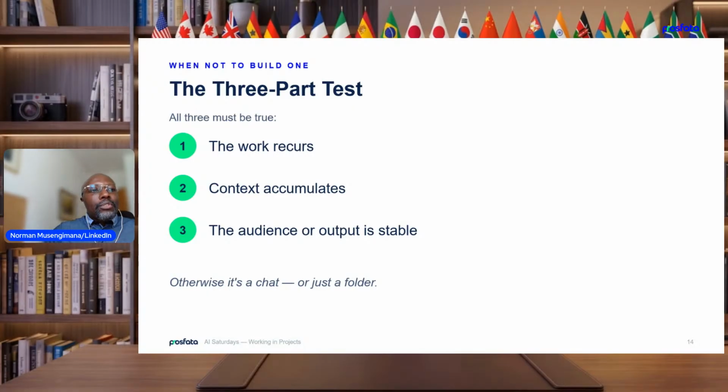So if what you want to put into a project or automate using a project doesn't meet these three criteria, it's probably a chat. You don't need to build a project for that task.